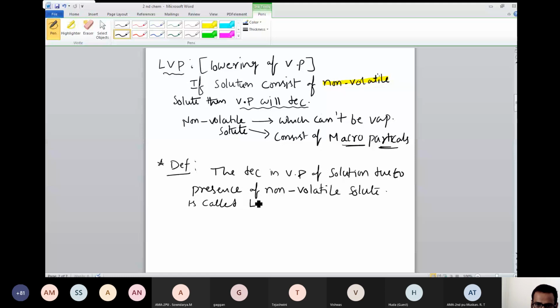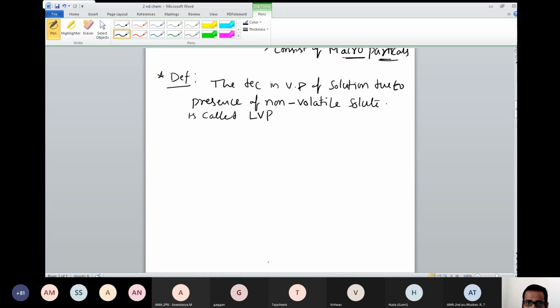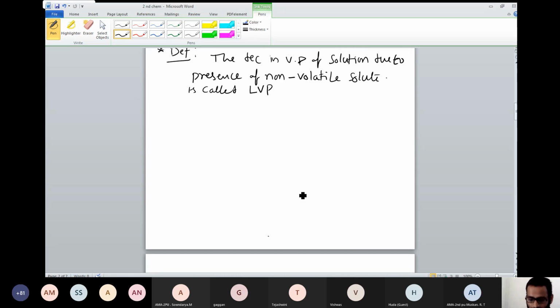Lowering of vapor pressure, LVP. So you have the definition clearly; write it down also: the decrease in vapor pressure of a solution due to the presence of non-volatile solute is called lowering of vapor pressure. So due to the presence of non-volatile solute, what happens? Vapor pressure decreases. So I have a question.